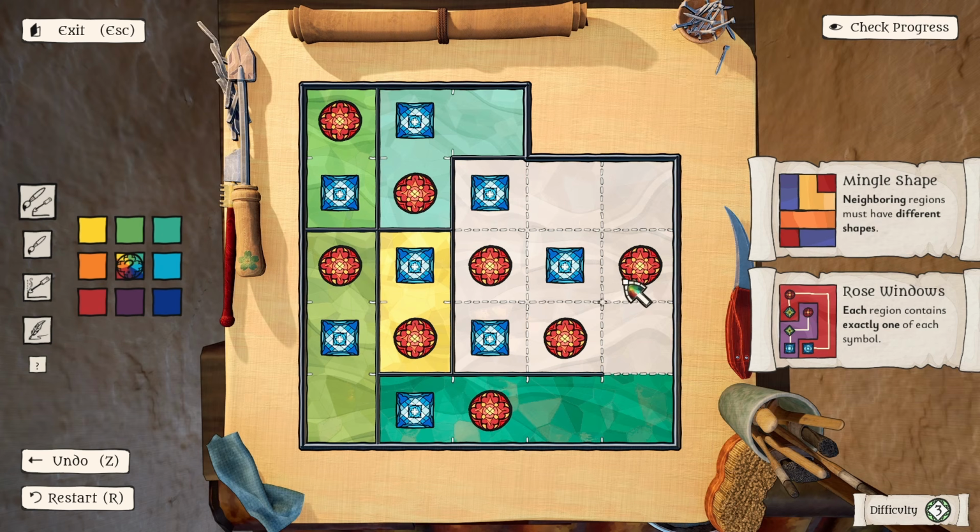Now, what I have is 3 reds, 3 blues. This one, if it took that, it would be the same shape as that. So it does that. And now it has to not be the same shape as that, so it does more.